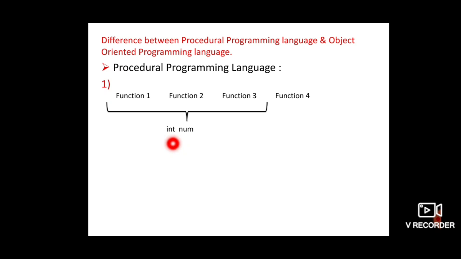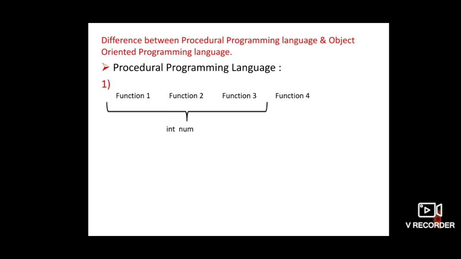Obviously there is wastage of memory. How? Because the same variable is declared again and again in function 1, function 2, function 3. So it is a wastage of memory, and this is not a suitable method. This is a local variable for each function.